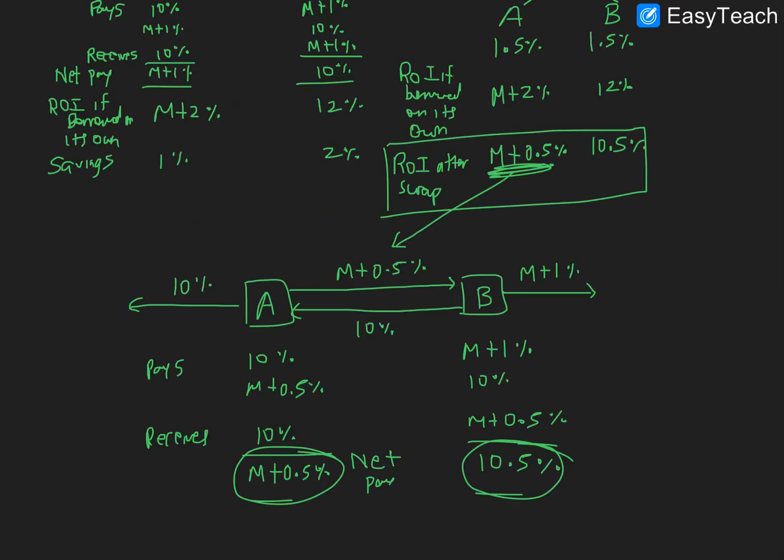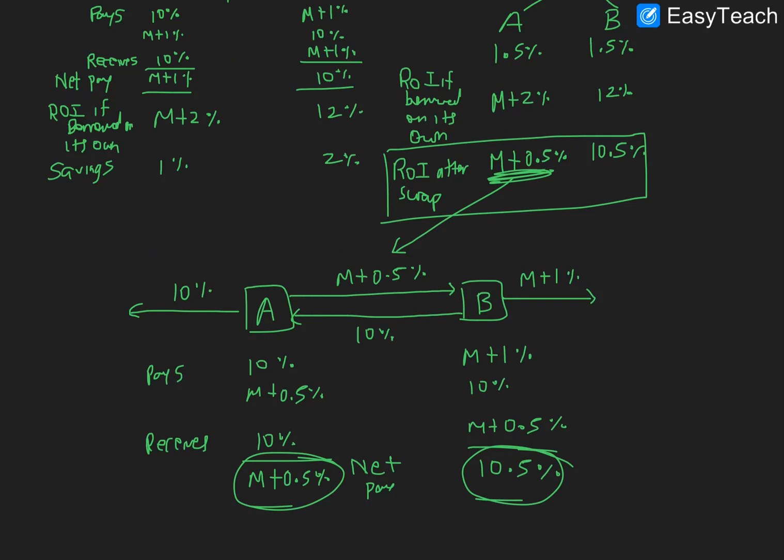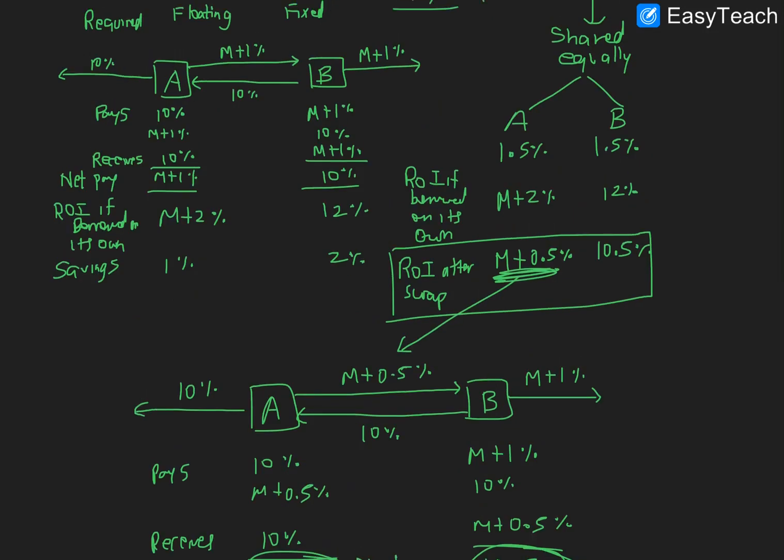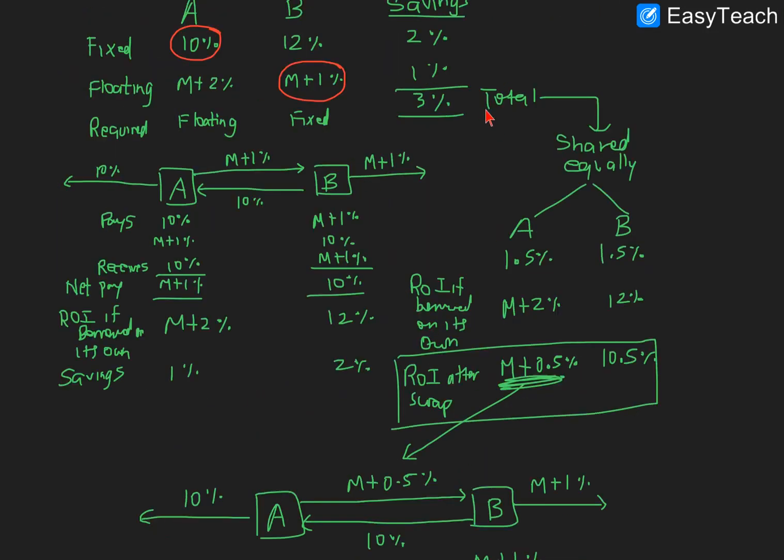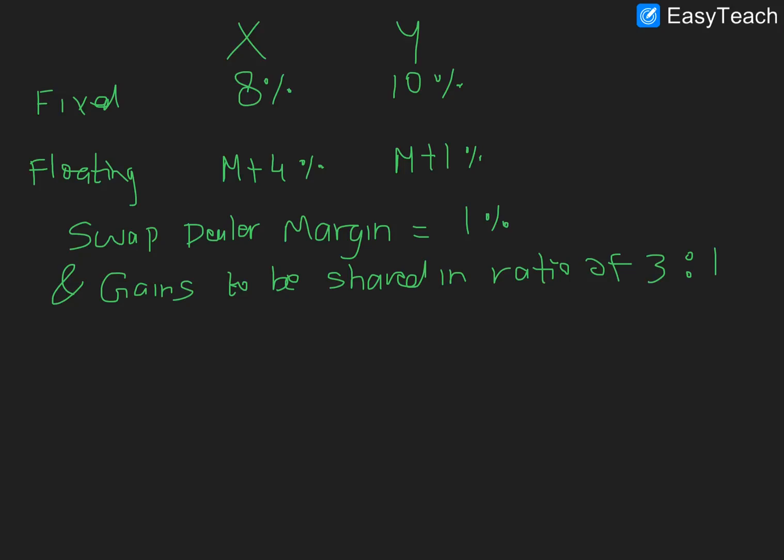So for that, just remember this method that we did. We just did the total, the savings total, and then shared it equally, right? And then we determined what should be the rate of interest after swap. Let's do it by the same method. So if I ask you, what are the savings due to swap?